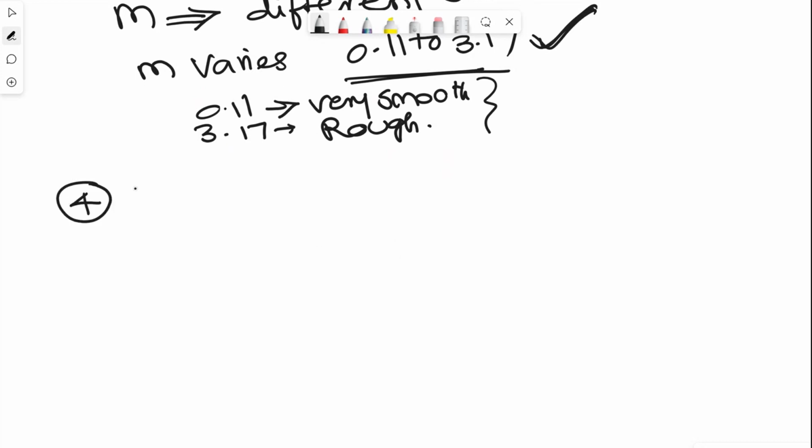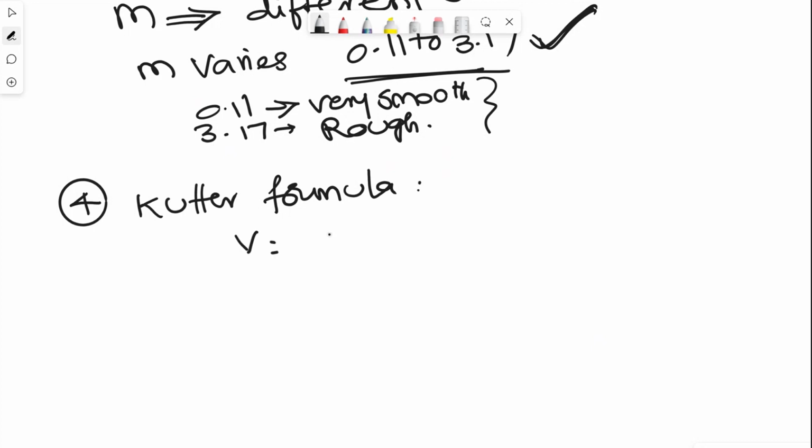Like that, Kutter also has given one more equation. Fourth one, Kutter. If possible, remember it, otherwise don't worry much. I'm only giving you one more equation, Kutter's equation. Again he used V is equal to C root RS, but he has given an equation for C which is a little bit difficult.